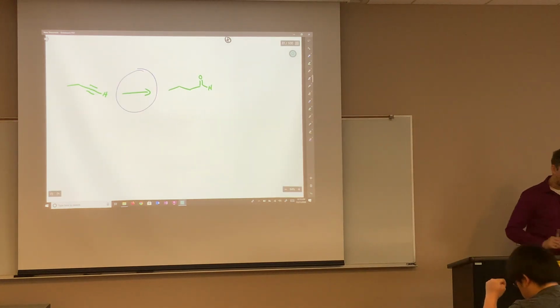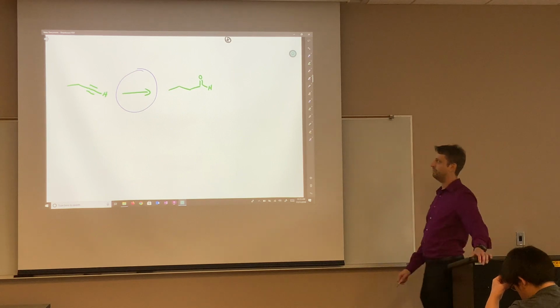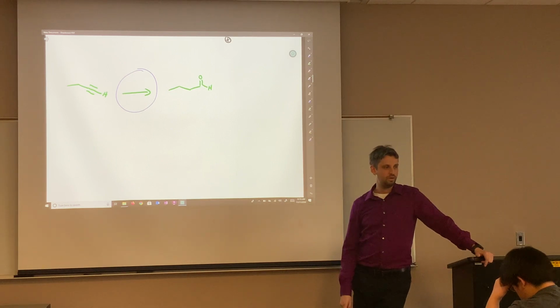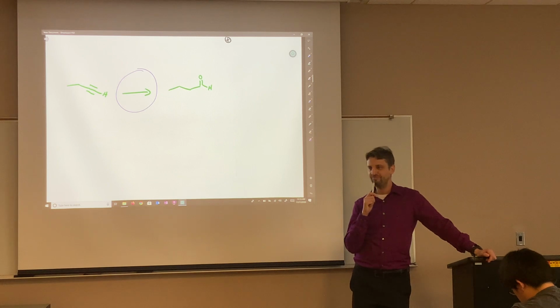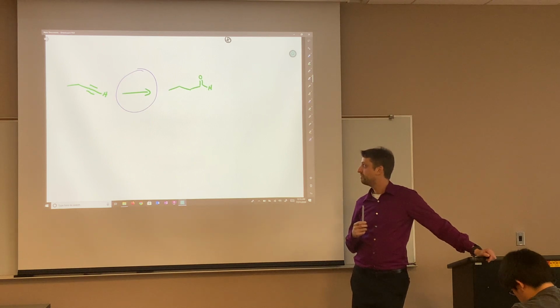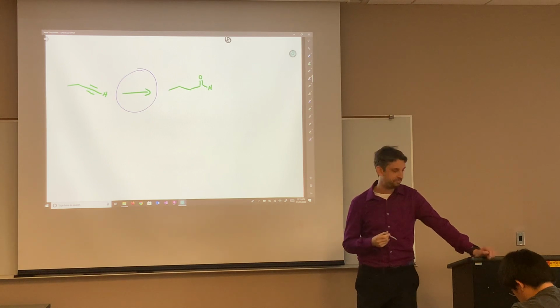What do we need to put here to make this transformation happen? H2SO4 and H2O. Dr. H, how many carbons are on that thing on the left? 4. Mm-hmm.